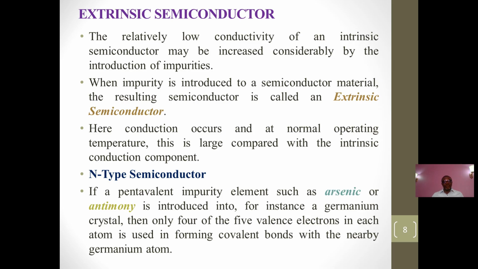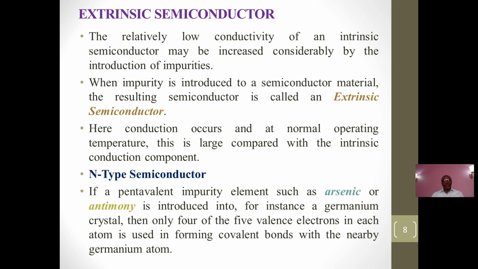Now, if a pentavalent impurity element such as arsenic or antimony, arsenic is a material, antimony is also a material. In your basic chemistry, you must have seen all these elements stated: germanium, silicon, arsenic, antimony, and all those materials.